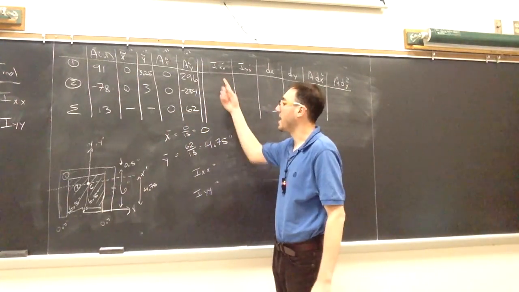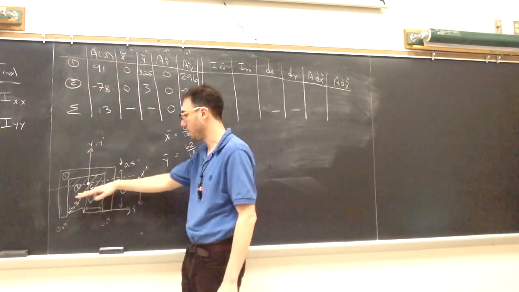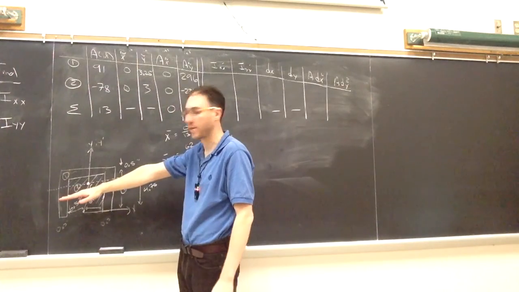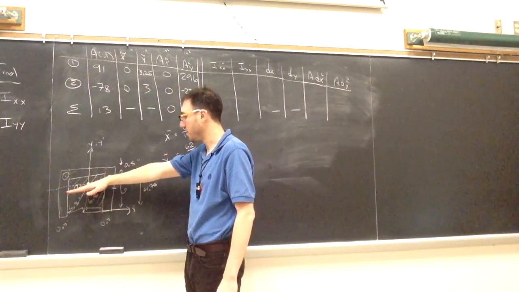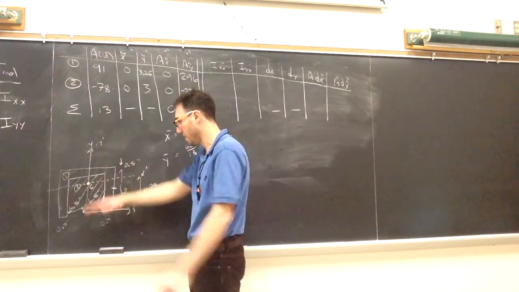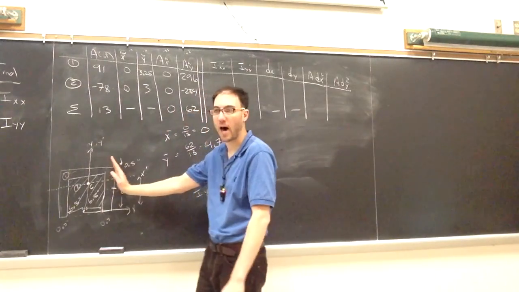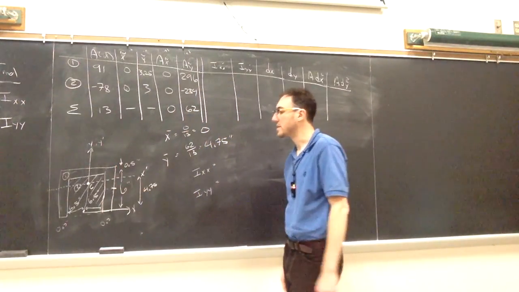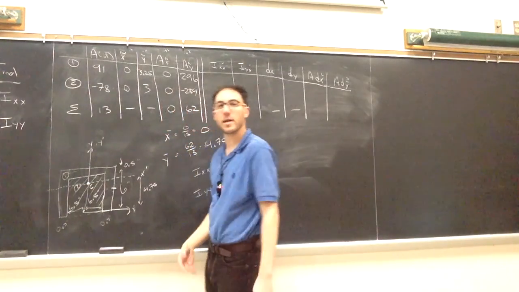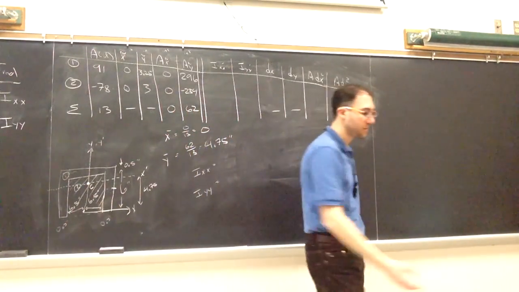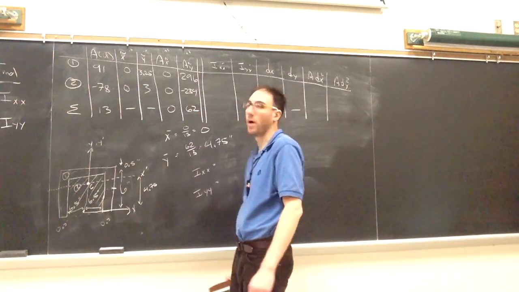About its own horizontal centroidal axis, what is the area moment of inertia? For that, we take its dimension that's perpendicular to that and cube it. So perpendicular to the horizontal is the 6.5 cubed, times the dimension that's parallel, the 14 inches, and we divide that by 12. So what do you get for IXX prime of shape number 1?